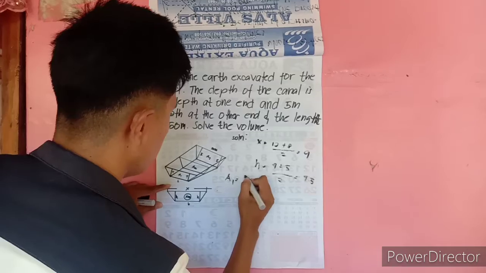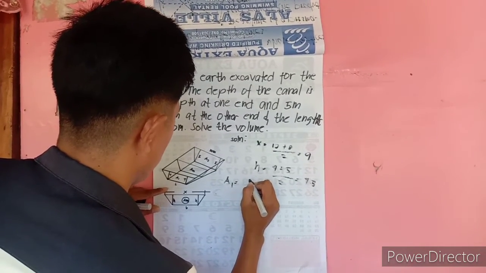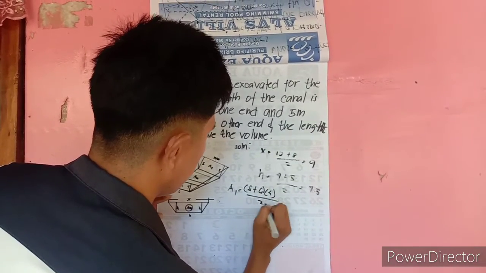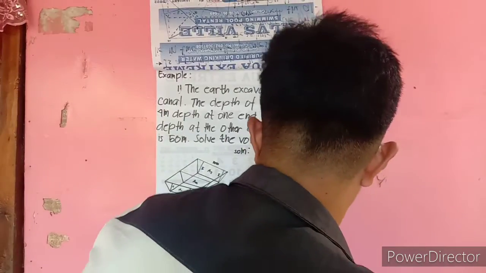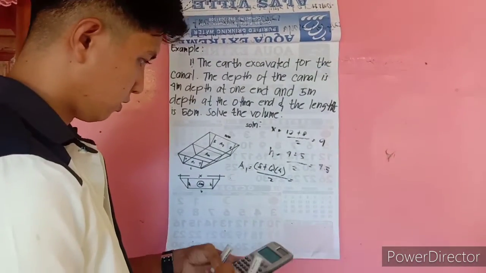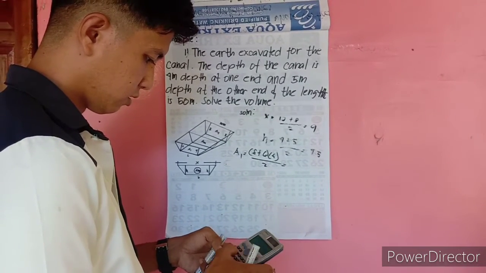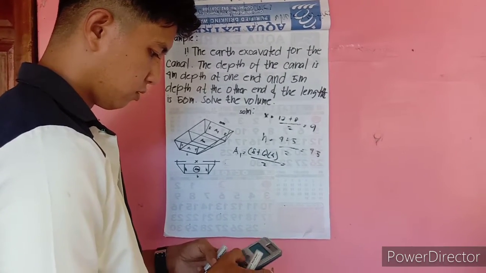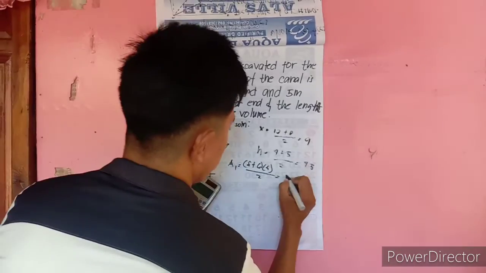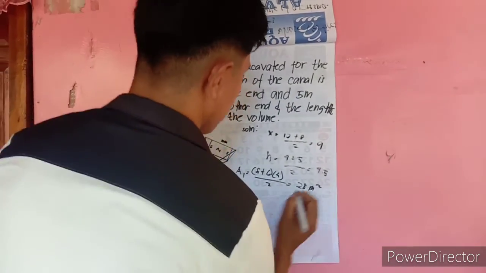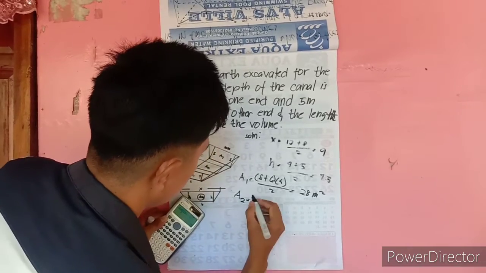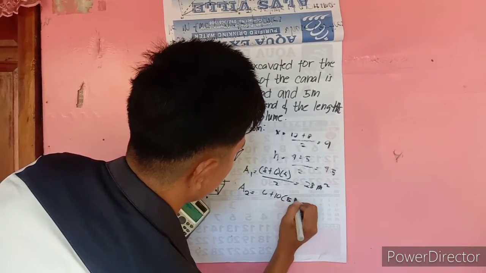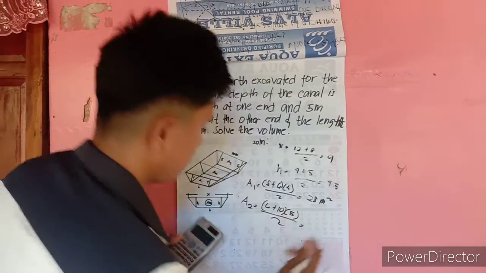Area 1 equals 8 plus 6 times 4 divided by 2, which is 28 square meters.